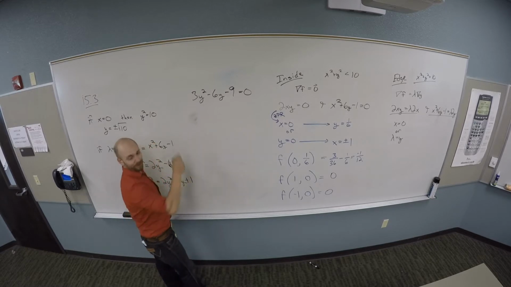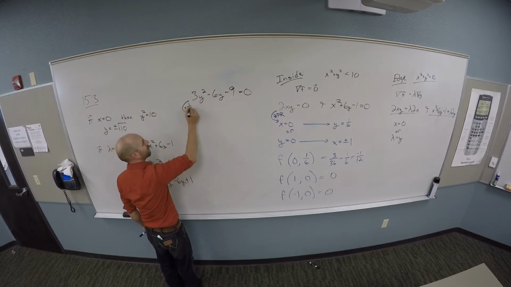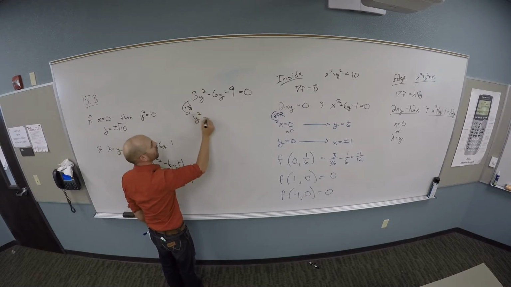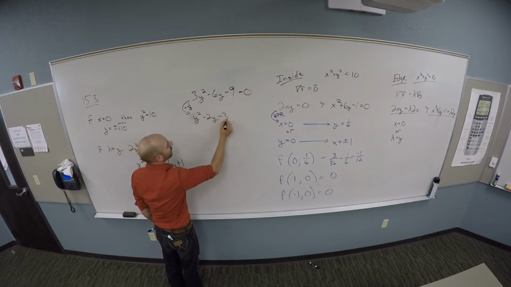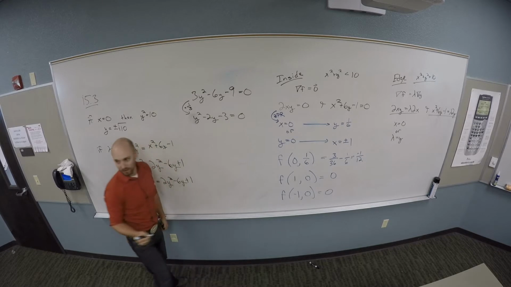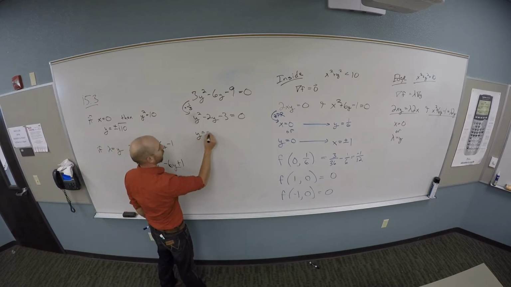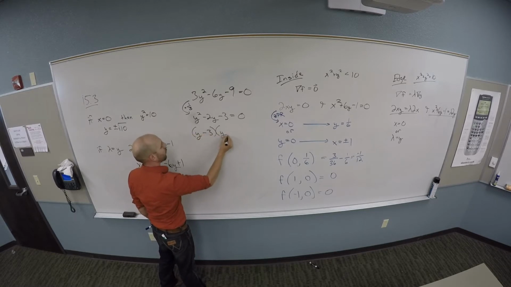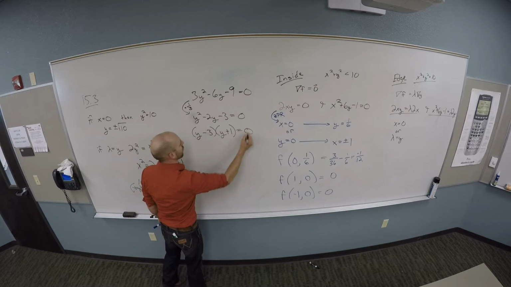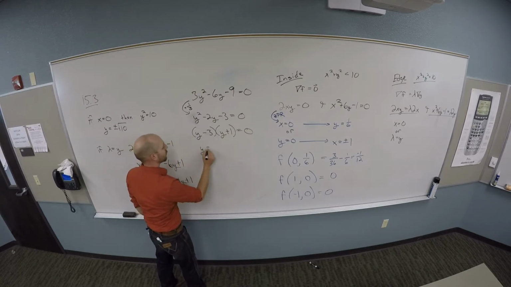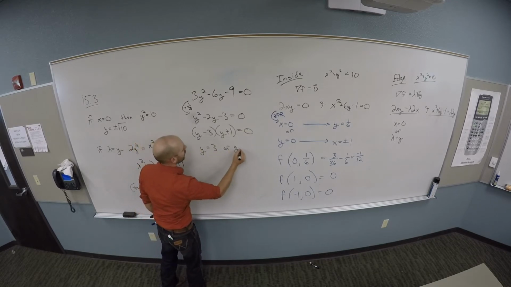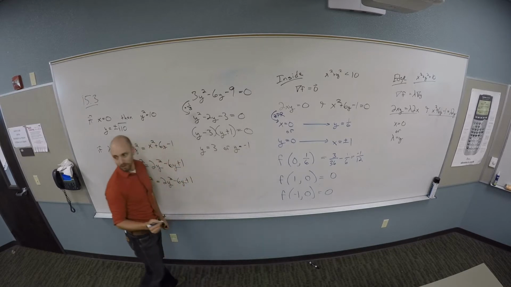I can divide a 3 through the whole thing. Get y squared minus 2y minus 3 is 0. So y minus 3 times y plus 1 is 0. Yep. So y is 3 or y is -1.